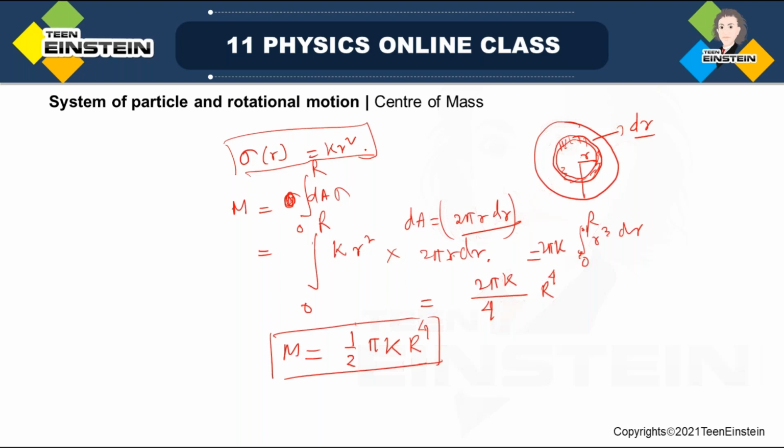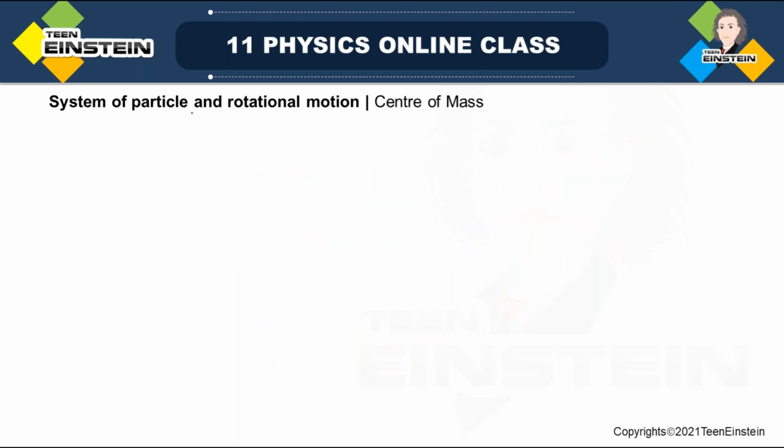Now the moment of inertia about the center of mass. The moment of inertia of this disk about the center of mass can be written as the integral of r square dm. If I think of a small element with radius up to small r and mass dm, there is actually integration involved here also.